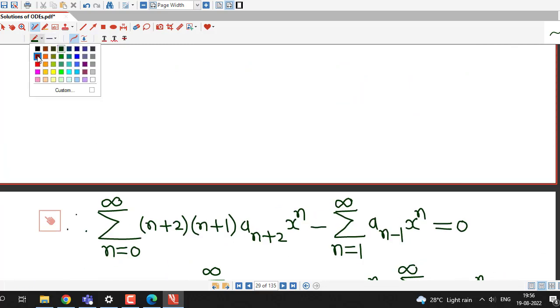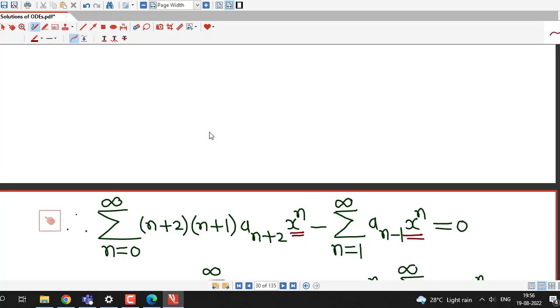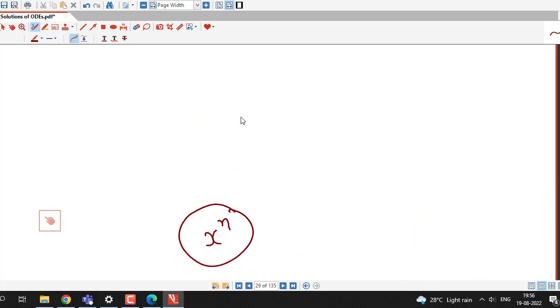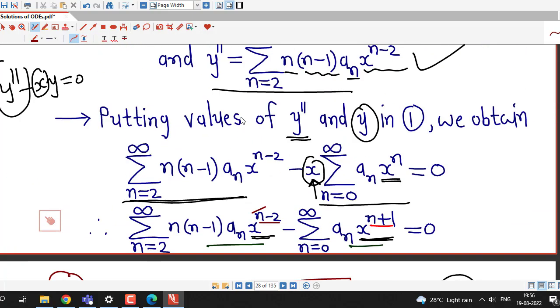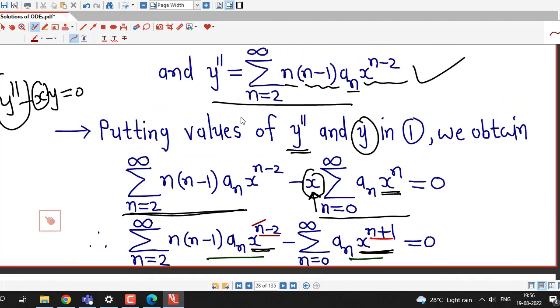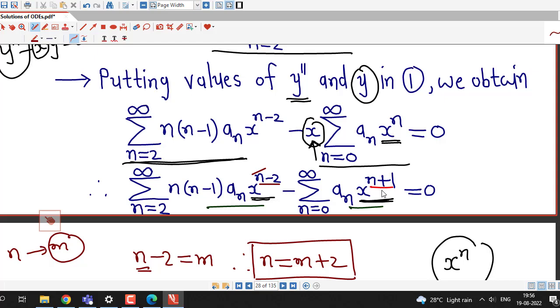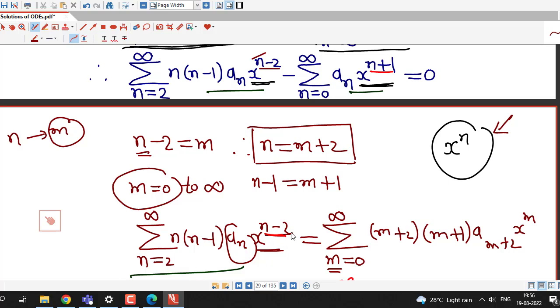So first step is we will convert all the powers of x in terms of x raised to n. After putting values of y, y dash and y double dash in given equation, we will write all the powers of x as x raised to n by converting in this way.